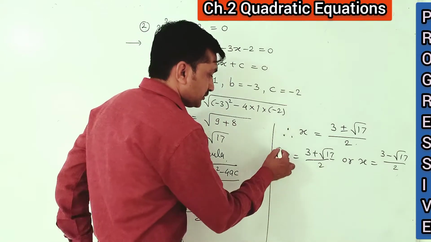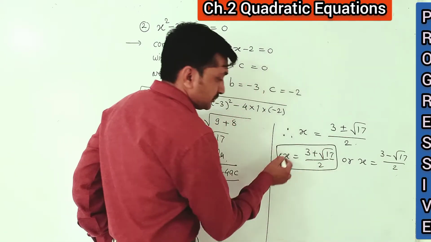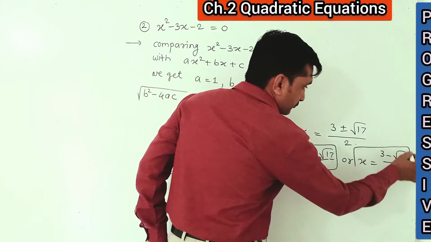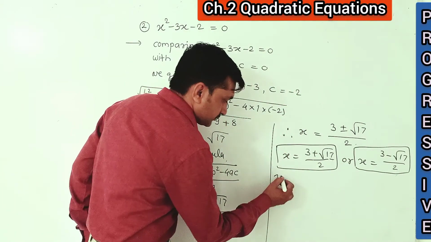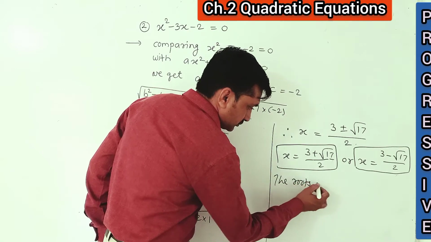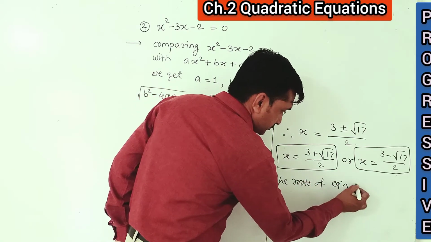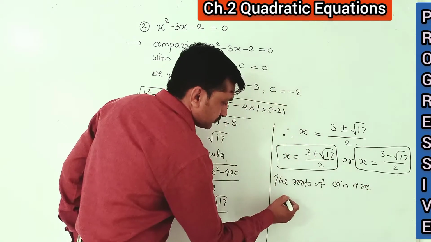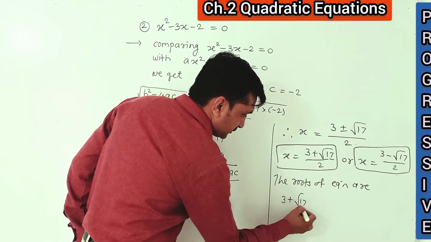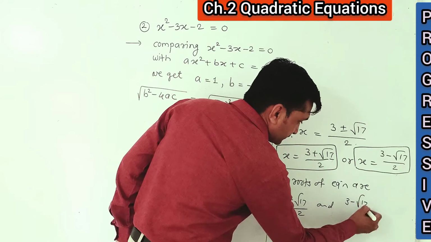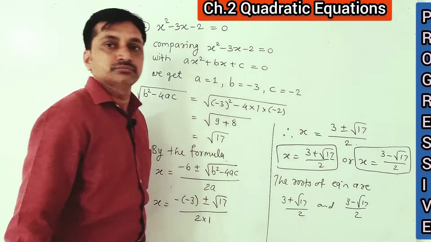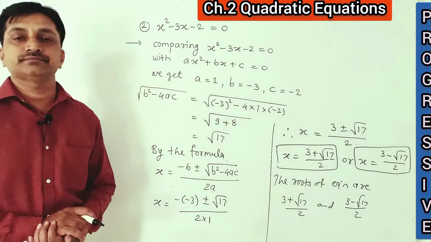Therefore we got the last answer in this form only; we cannot solve it further. So the roots of the equation are 3 plus root 17 upon 2 and 3 minus root 17 upon 2. It is the solution.